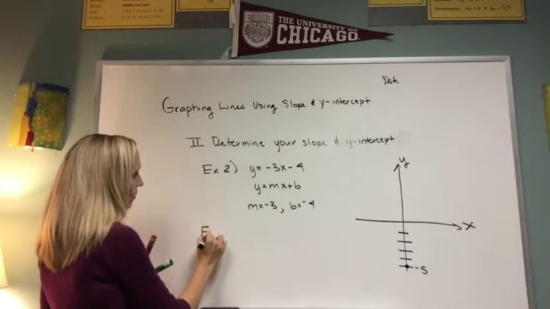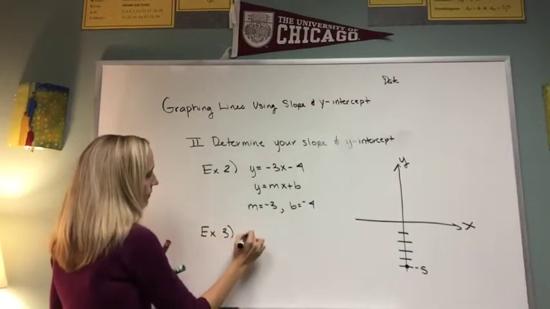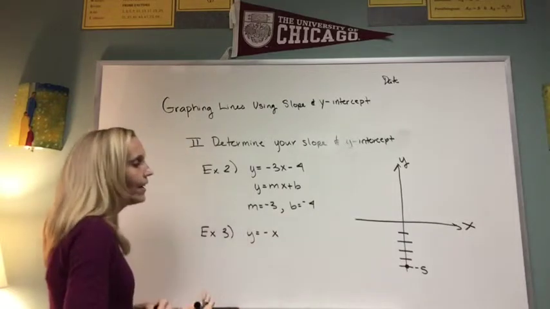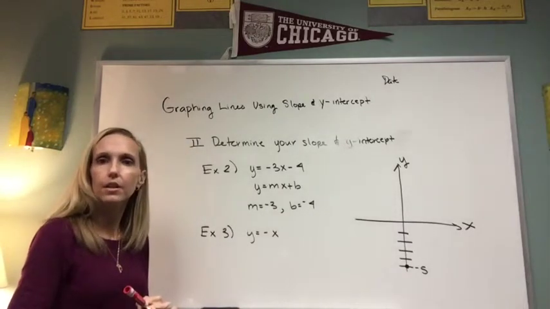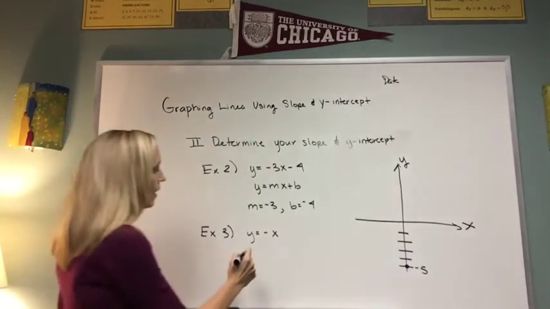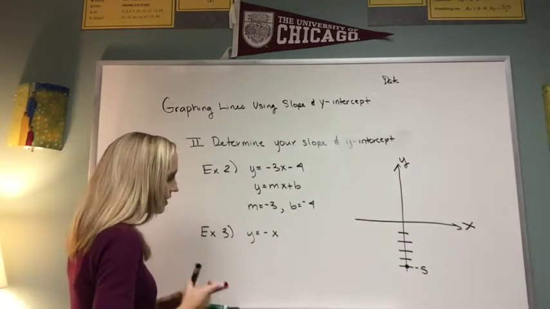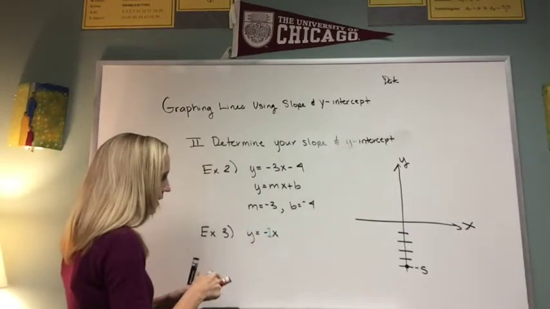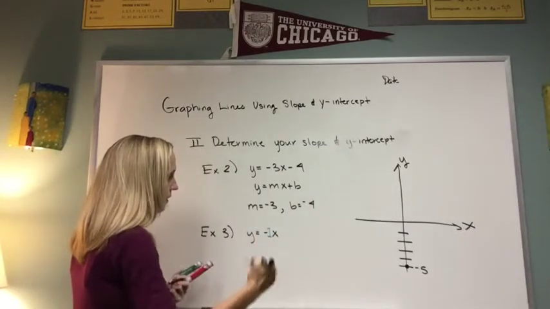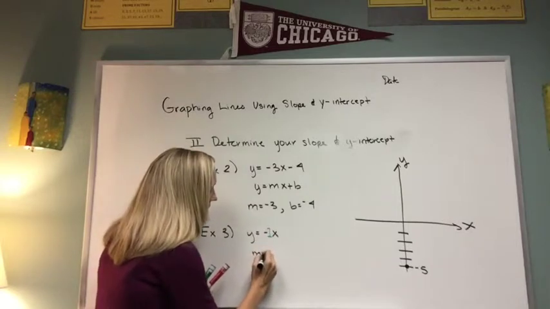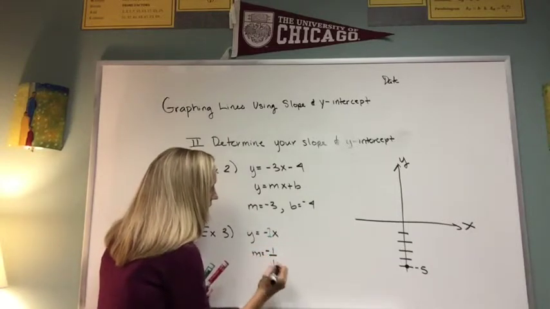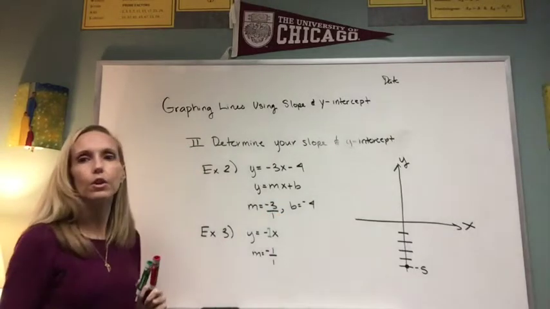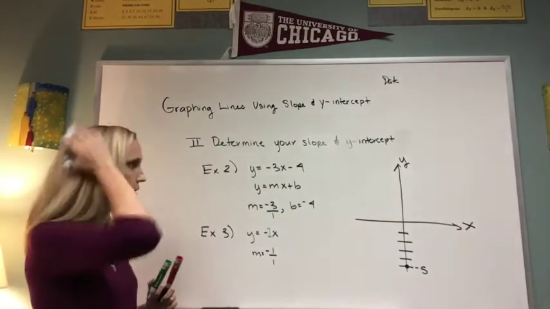Okay, here's the trickiest one. What is the slope and y-intercept here? Ooh. Well, remember, there's an invisible 1 here. So really, my slope is -1/1. And I probably should have put my slope in the previous example as -3/1 because we always want our slopes to be in fractions, so I apologize.